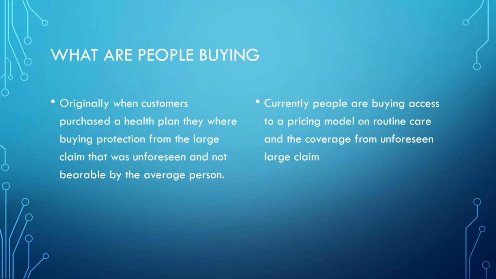So originally, at this time, people are purchasing a health plan where they are buying protection from the massive things. Think about losing a limb, losing a leg. It has evolved to where now people have access to the health plans just to get access to go see a doctor for the sniffles, right?